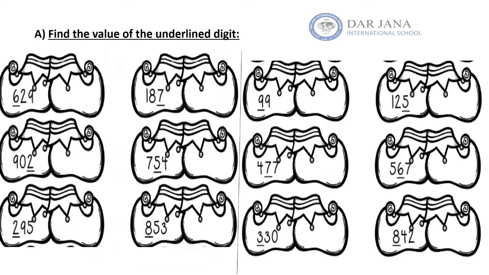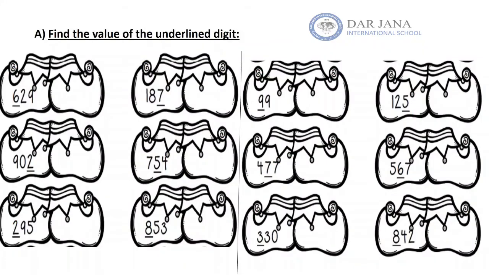Question number 8. Find the value of the underlined digit. I told you, it will be easier for you when you know the position of the digit. It's under the hundreds or tens and ones, so you can decide the value. Let's read 629.